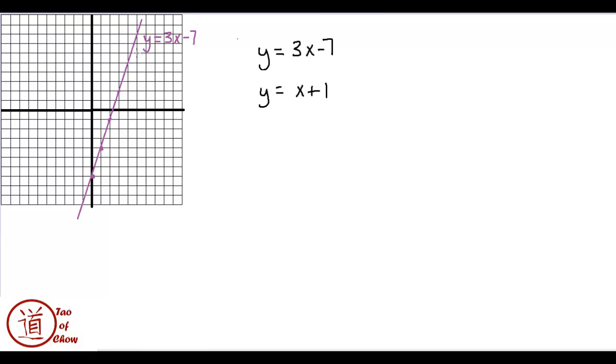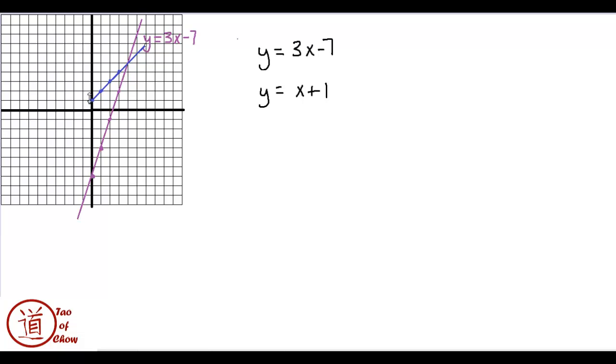So y equals x plus 1 has a y-intercept of 1, and the slope is 1, so it goes up 1 and over 1 for every increment here. So it looks like that.